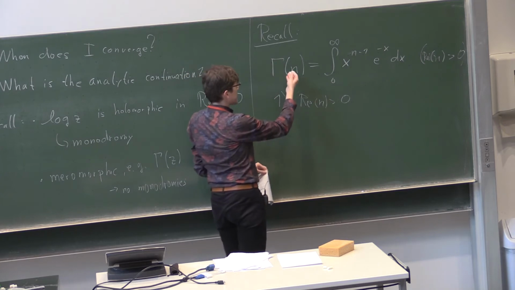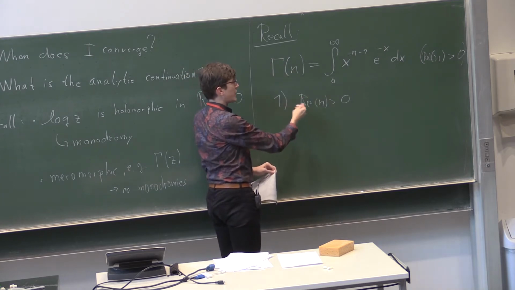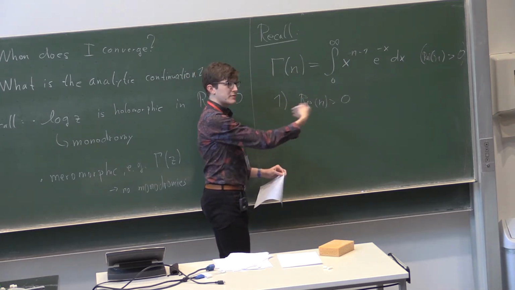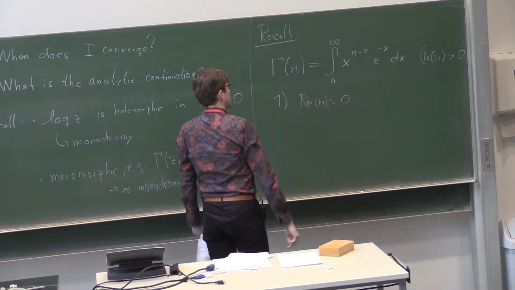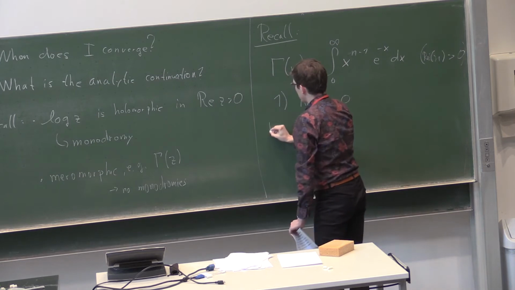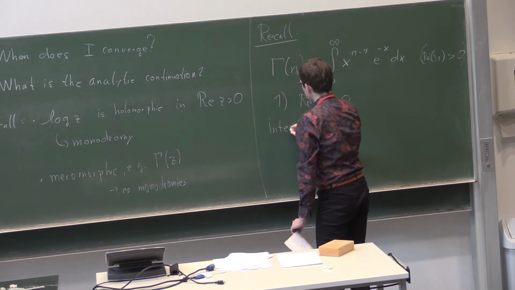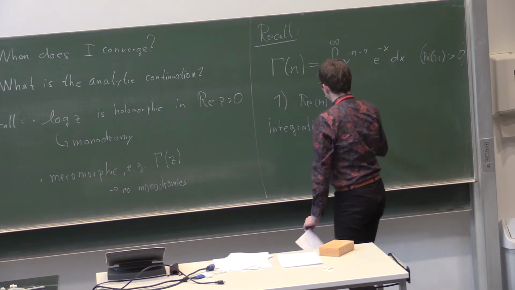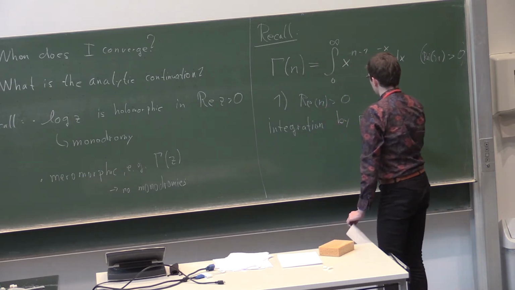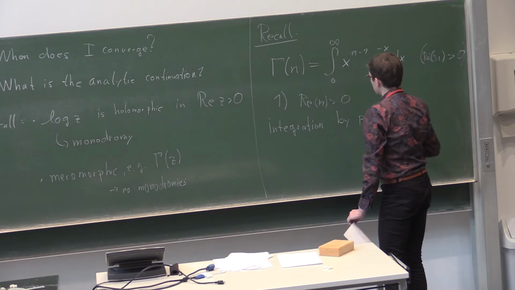So we have defined an analytic function gamma of n on the right half of the complex plane. How do we get into the left part of the complex plane? But this is integration by parts. So how does this go?